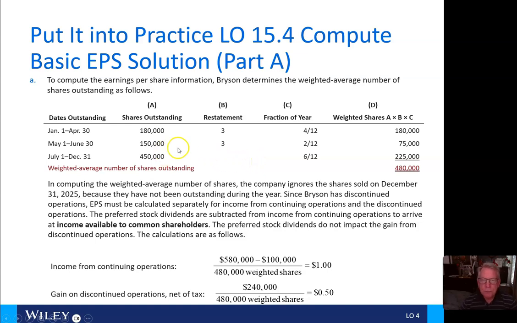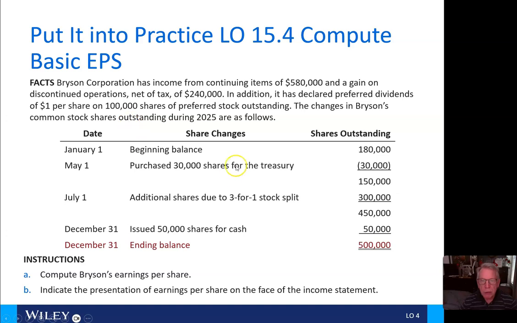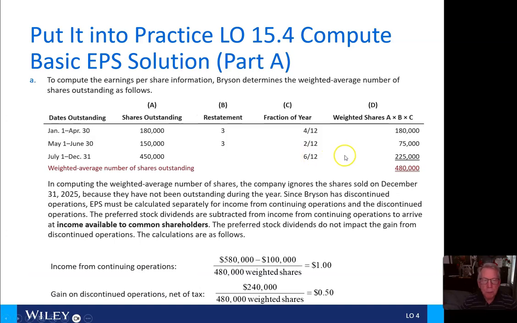And then from May 1 to June 30th, we decreased by 30,000 shares for the Treasury stock. And then from July to the end, we had 6 months of 450,000 shares. So the weighted average number of shares outstanding is 480,000.